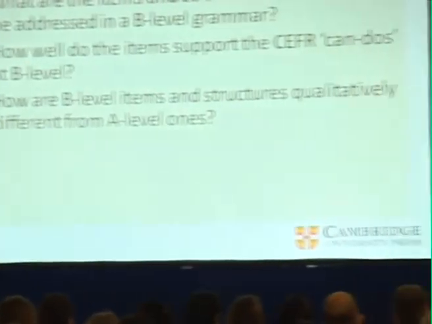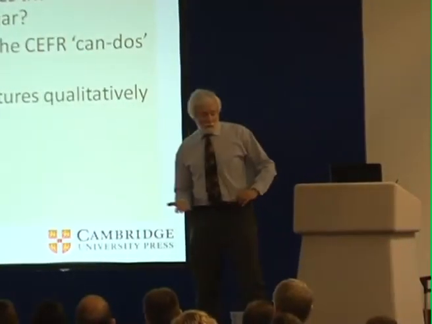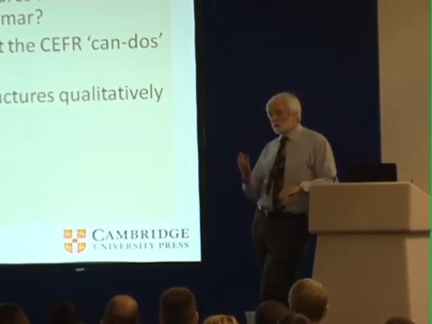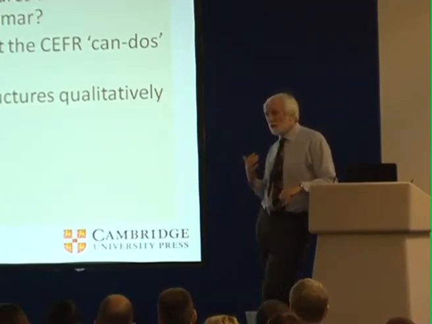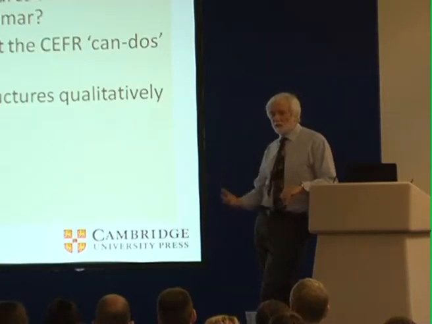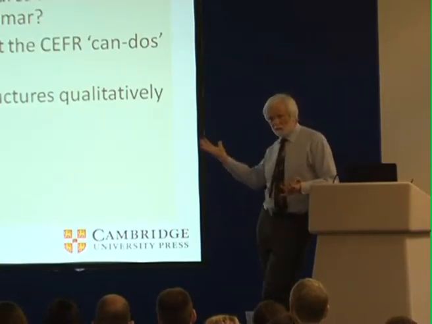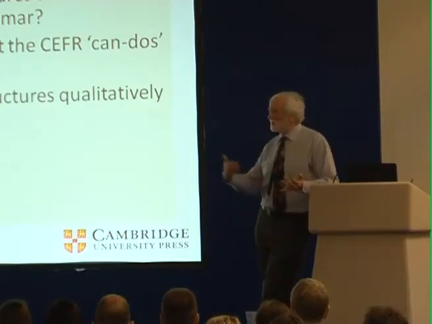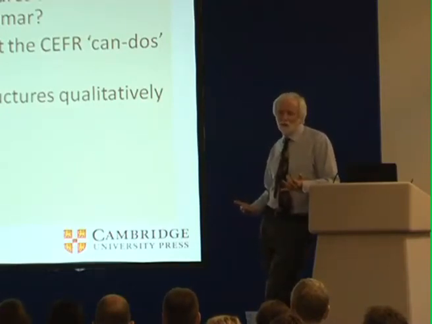And how are these B-level items and structures qualitatively different from the A-level ones? Well, it seems to me that the qualitative difference is the degree of subordination and embedding that we find around the exemplary items that we've taken today. And you could do that for more or less any of the major grammatical categories.